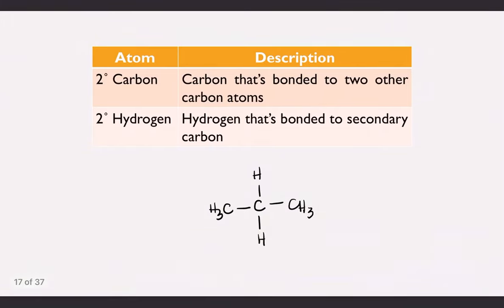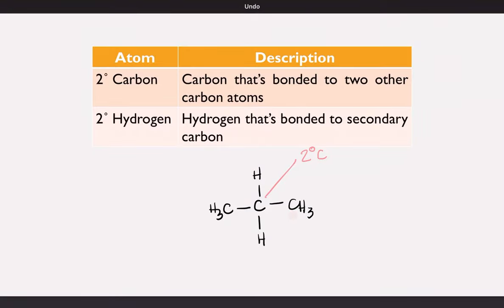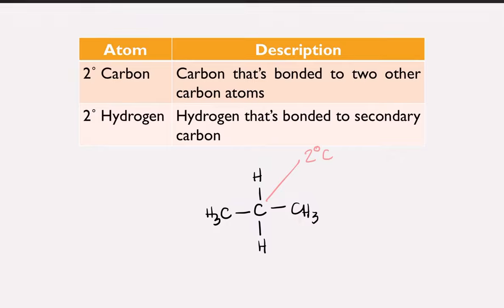So this one is secondary. If you look here, your carbon is attached to 1, 2 carbons. That means this carbon is a secondary carbon. Okay, this carbon, how many carbons is it attached to? 1, right? So that means this is a primary carbon.